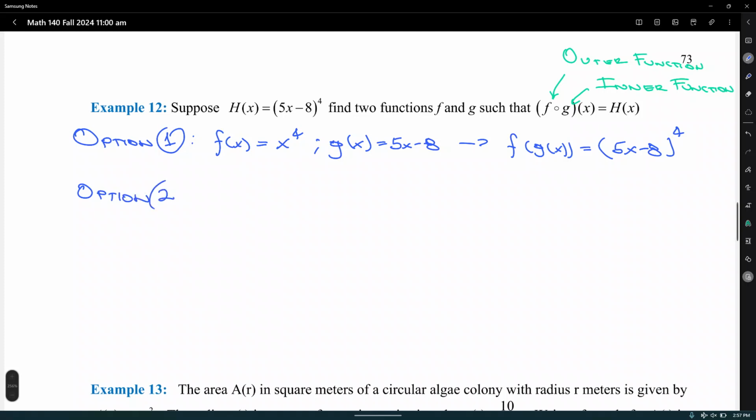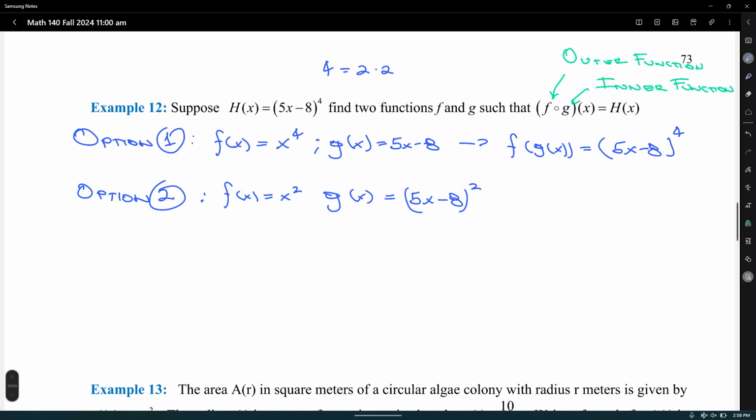There's another option here, option number 2. Can you think of this power 4 as 2 times 2? So how about we call f of x equals x squared, and g of x equals 5x minus 8 all squared?